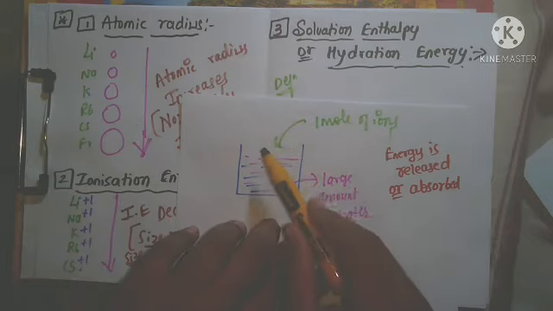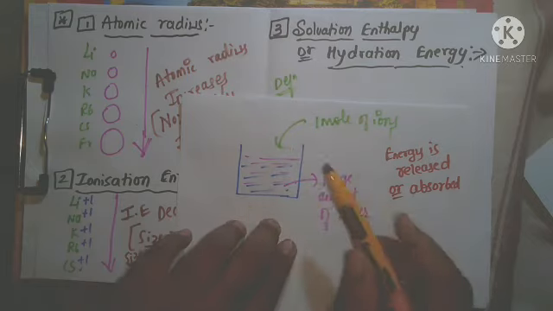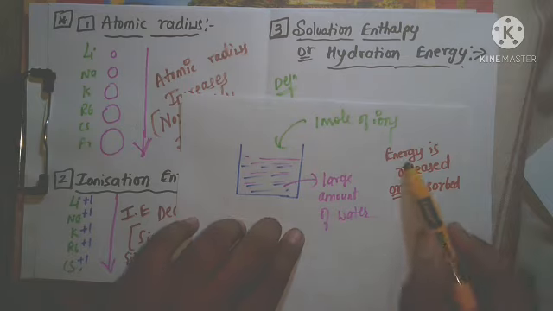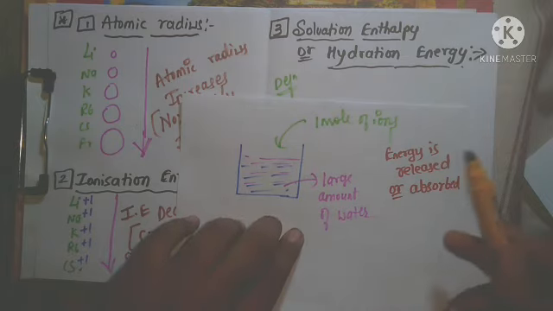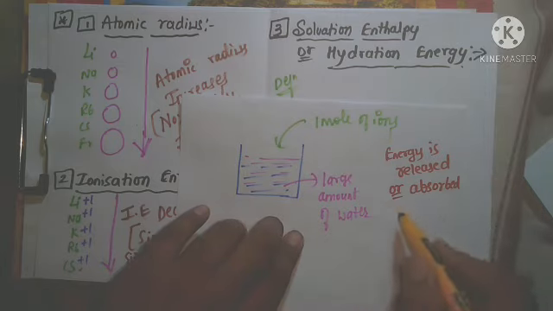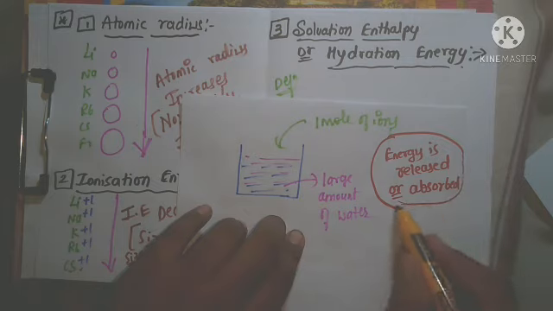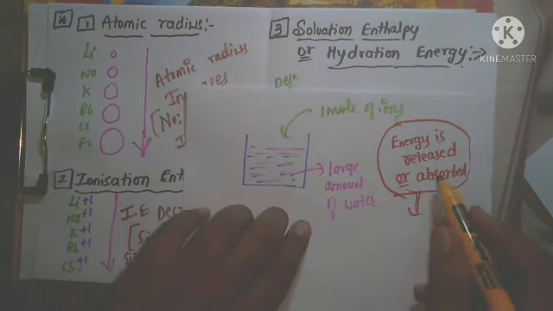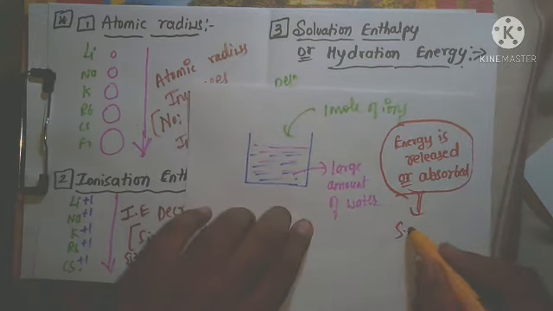While dissolving, the energy is released or absorbed. How much energy is released or absorbed? This much of energy, correct? Whatever may be the amount of energy released or absorbed, that is called solvation enthalpy or hydration energy.